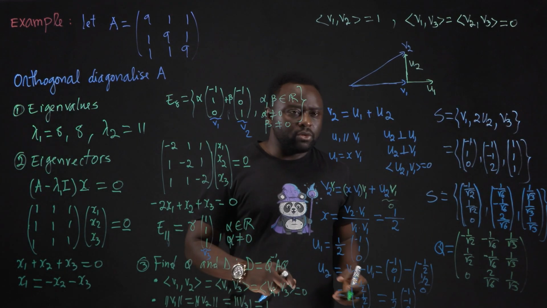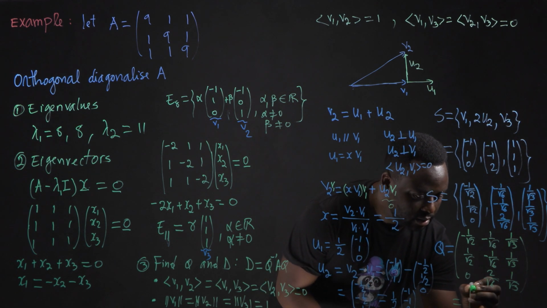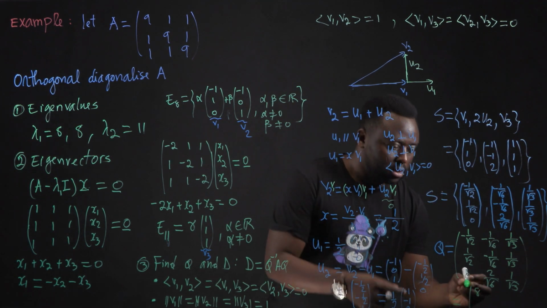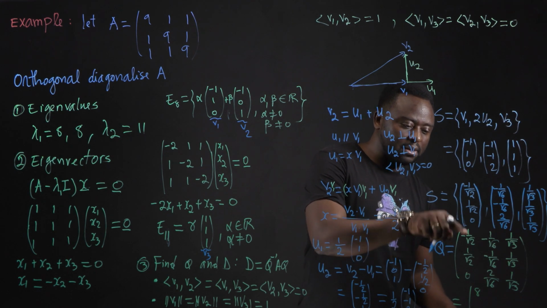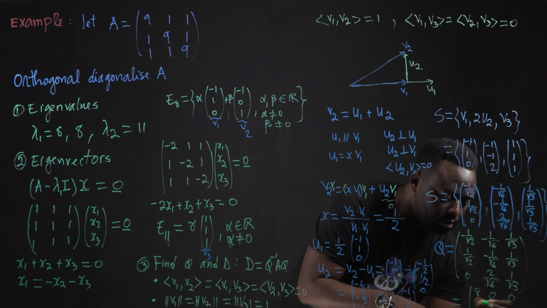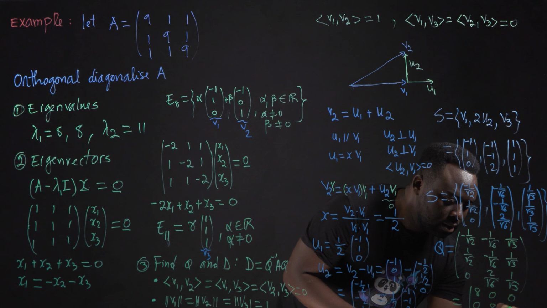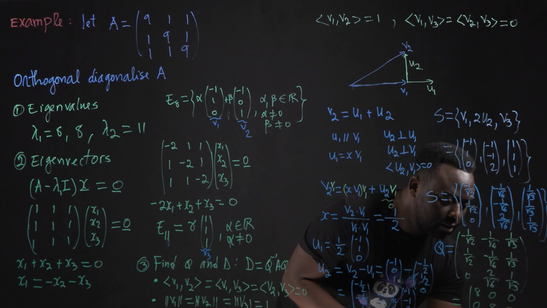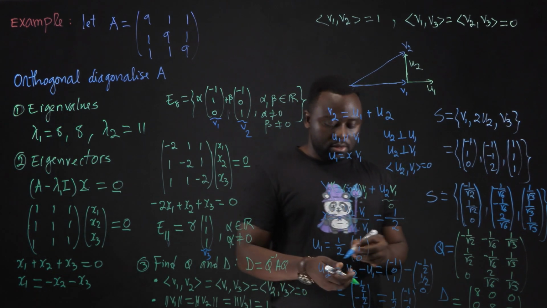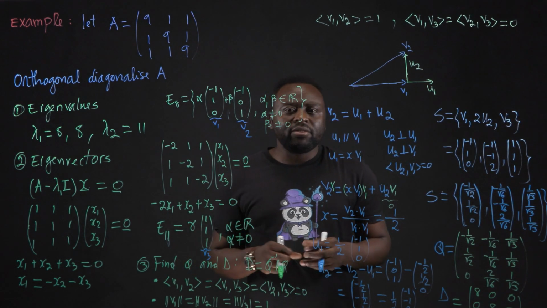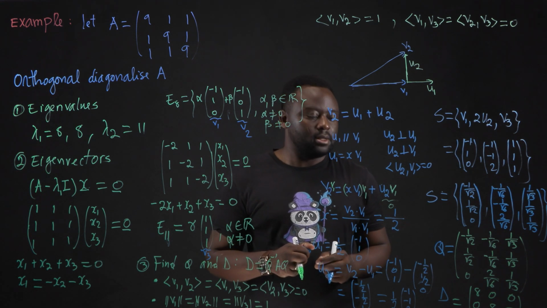So we have the orthogonal matrix Q, and the diagonal matrix is 8, so it should be the eigenvalue corresponding to the first eigenvector, 0, 0, 0, 8 for the second vector, eigenvalue corresponding, and the last one is 11. So this is the matrix D. All right, we have decomposed the matrix. We have the orthogonal matrix Q, and we have a diagonal matrix D.